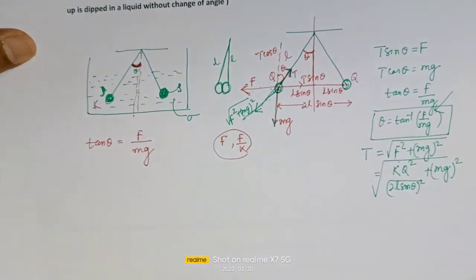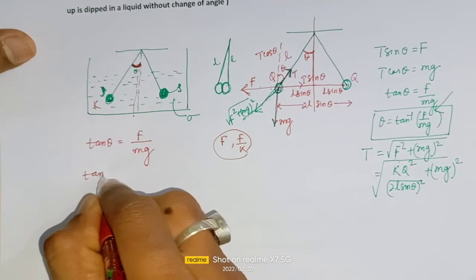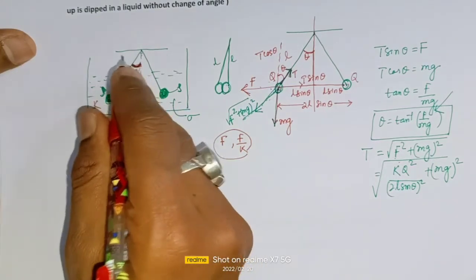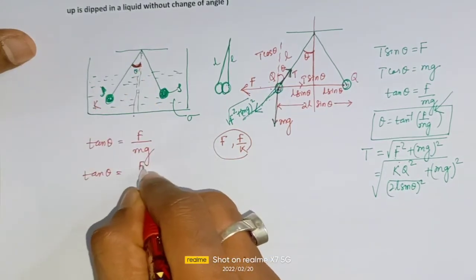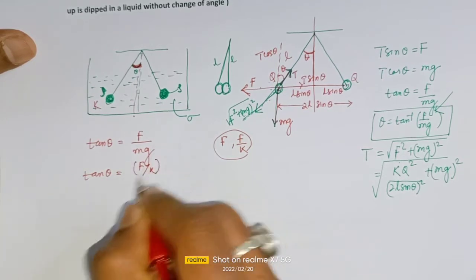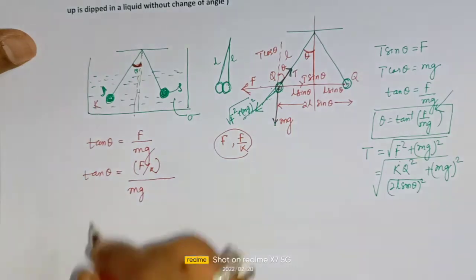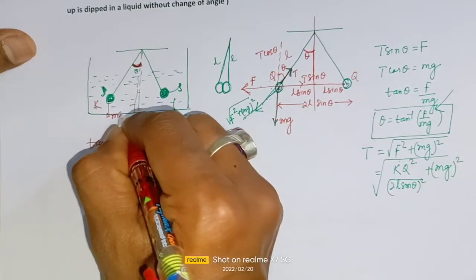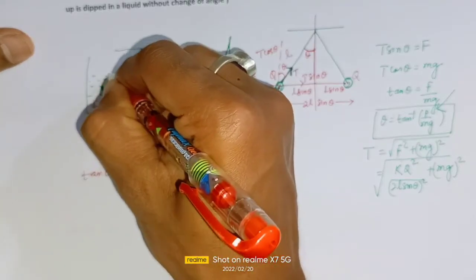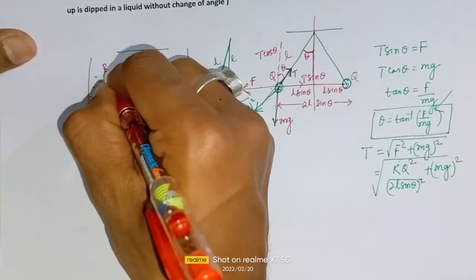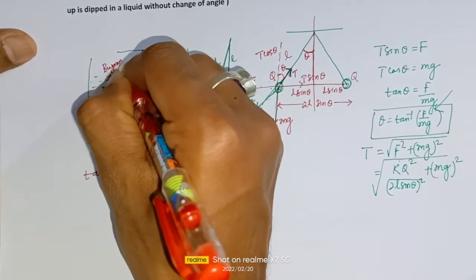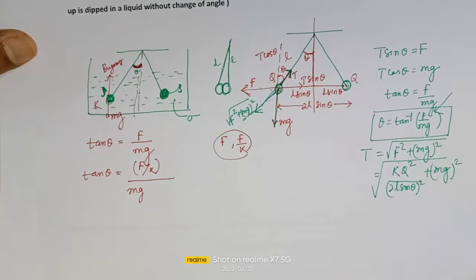If it is dipped but theta remains the same, then the force will reduce by a factor k, and mg is mg. When you dip it in a medium, mg acts in this direction, and there will be a force called buoyancy. The medium will provide that force, the buoyancy force.